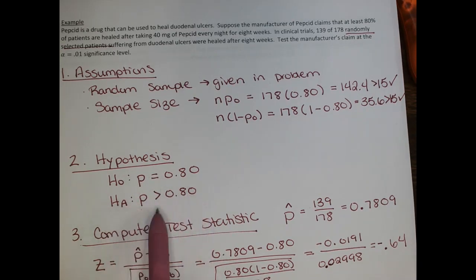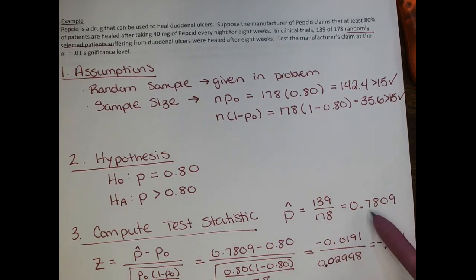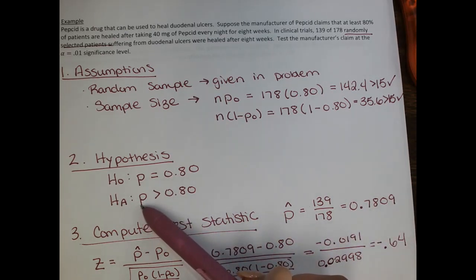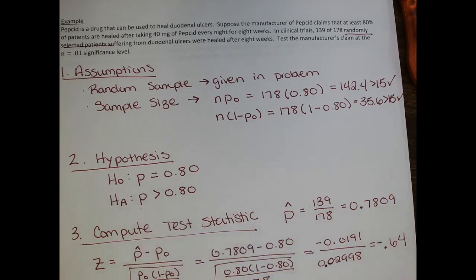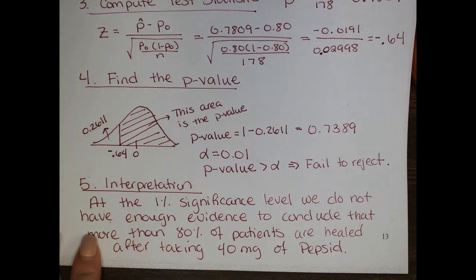So we're really just trying to prove if it's greater. Now, based on our sample, only 78% of people were healed. So if in the sample only 78% of people were healed, then we should have no evidence that that population proportion is greater than 0.8. So notice that our hypothesis test did come up with the conclusion that we would expect.